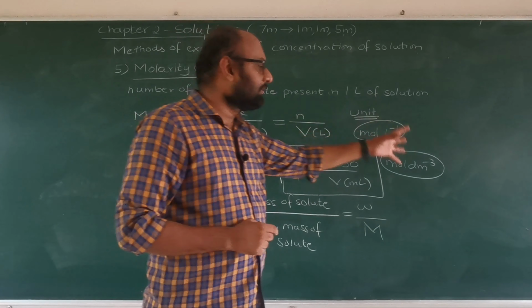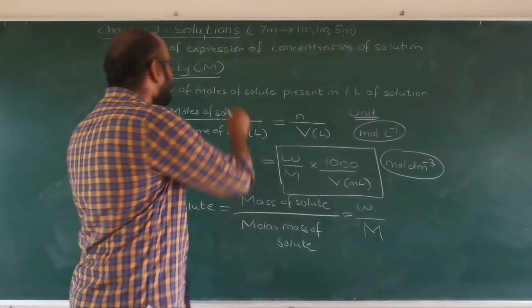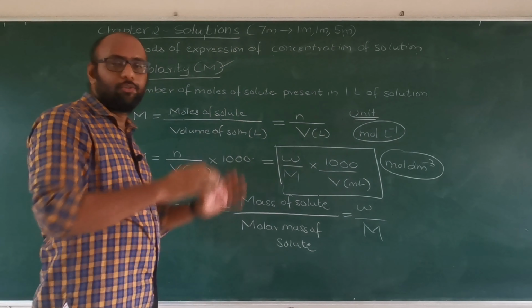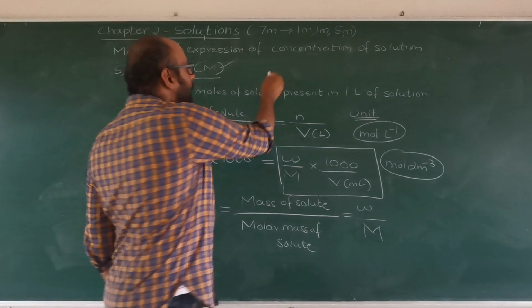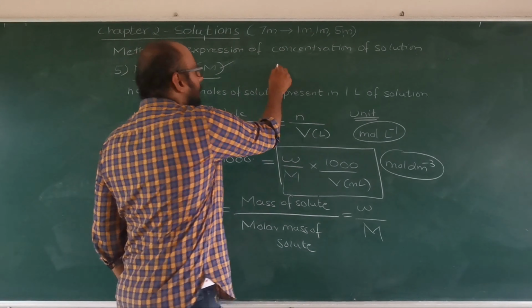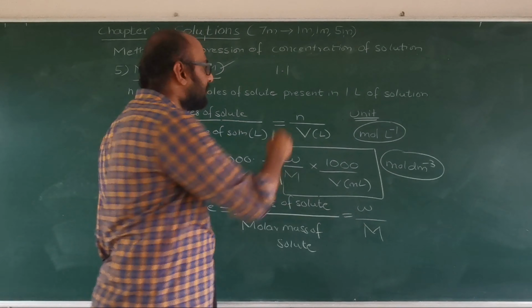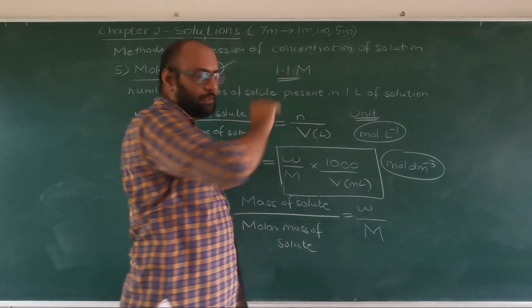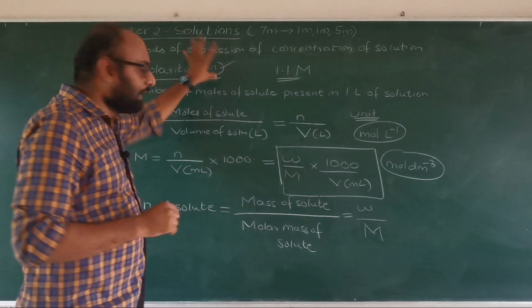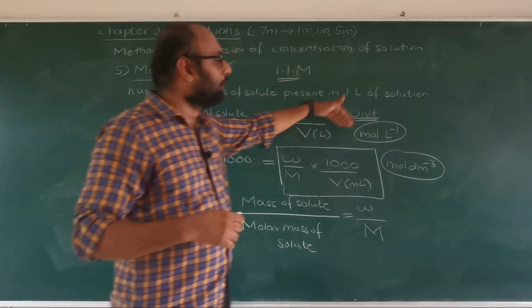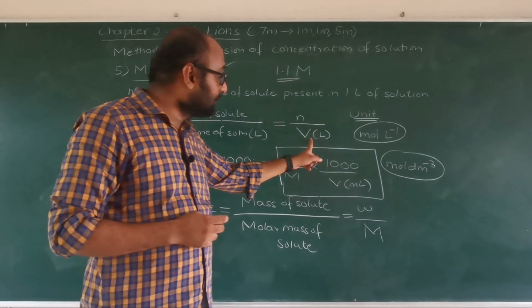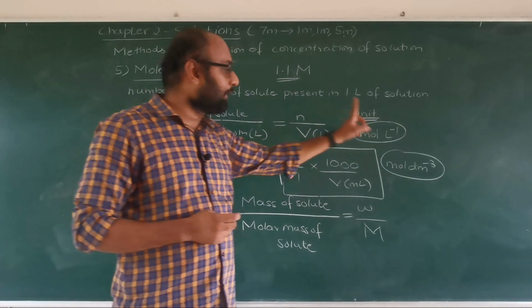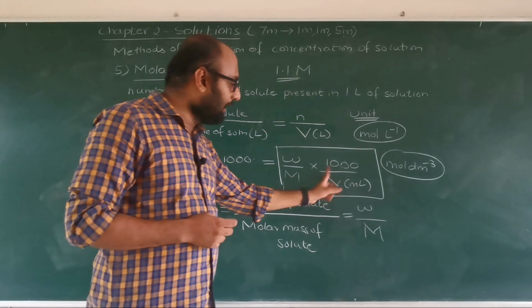Instead of writing these units, you can just write capital M. Suppose you calculate molarity, you get the value 1.1. Instead of writing these units, you can just write it as capital M. So this will be the answer. You can use capital M, or mole per liter if the volume is in liter, or the other unit if volume is in ml.